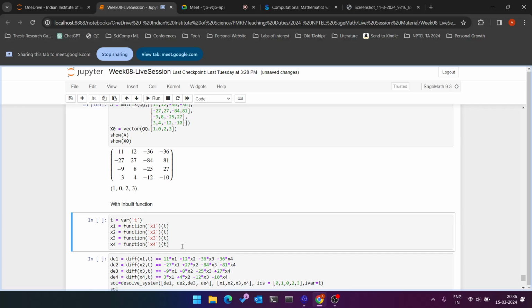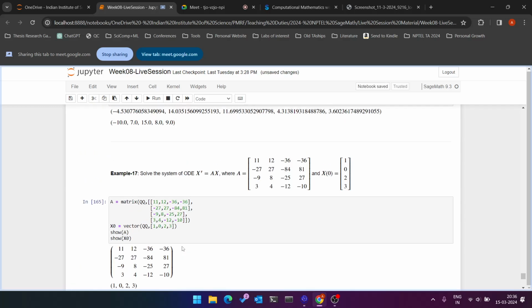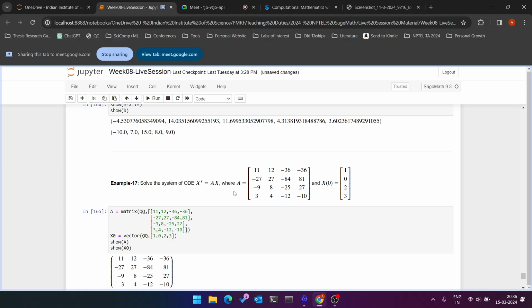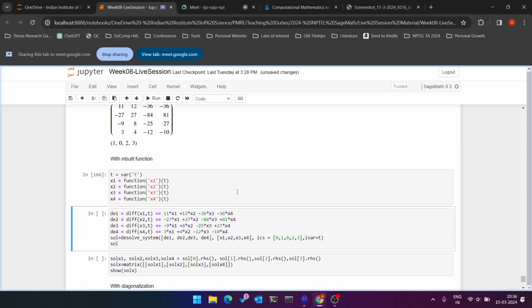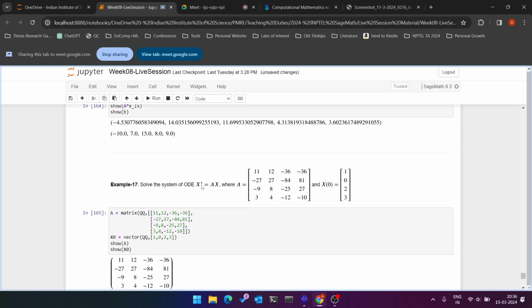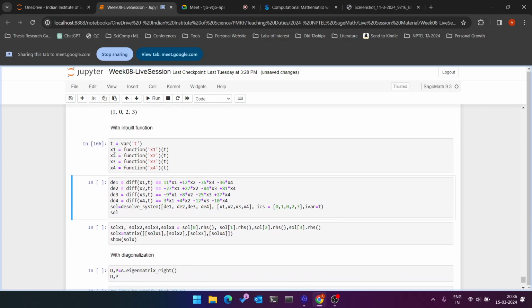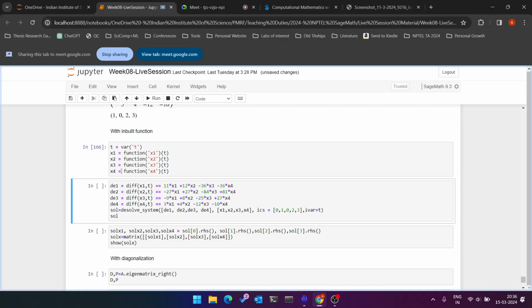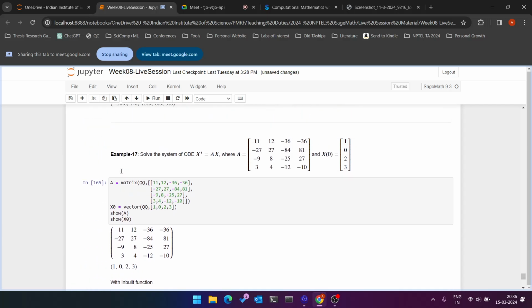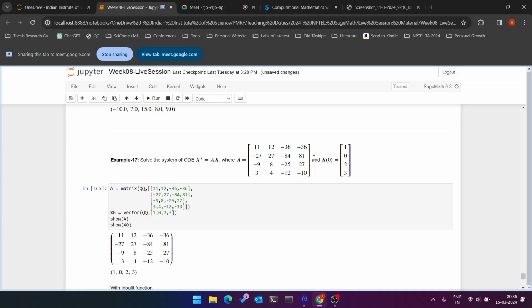So I'm defining four functions corresponding to the four values. So my basic equation becomes x dash is nothing but dx1 by dt, dx2 by dt, dx3 by dt, and dx4 by dt respectively. And that is basically this matrix A into x1, x2, x3, and x4 at time t.